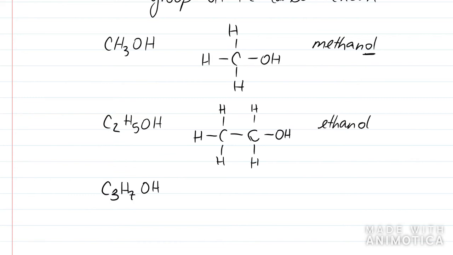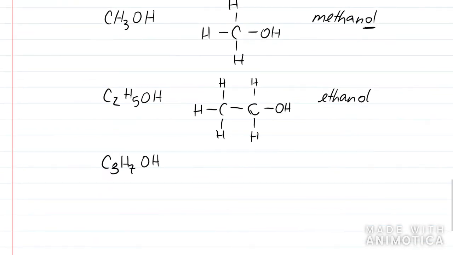So there's not a huge difference where you put it in this. But once you have three carbons, there are 3 different placements that you can put your hydroxide group, and that changes its name. So for C3H7OH, we're just going to go with isopropyl alcohol. And this is something you may actually have at home.